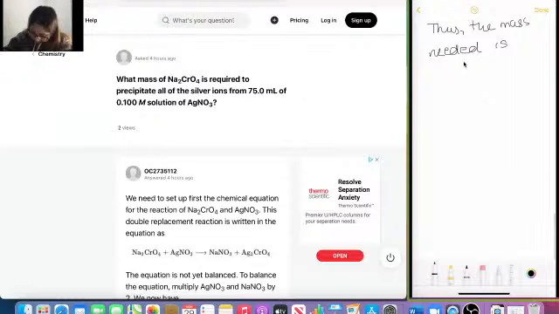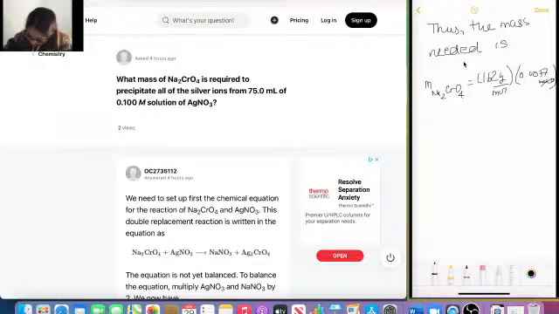So our molar mass of Na2CrO4 is 162 grams per mole, and you multiply this by the number of moles we have, which is 0.0037 moles, right?